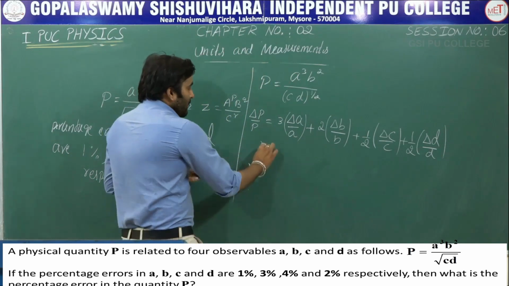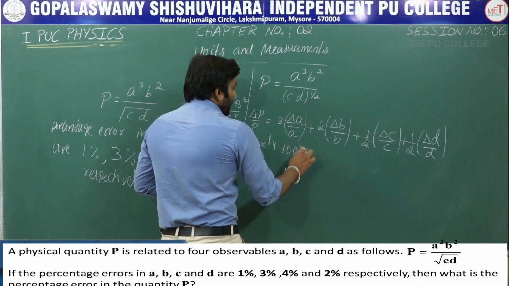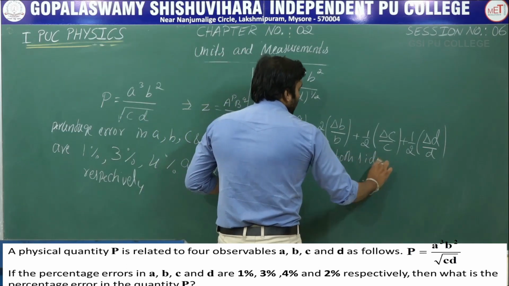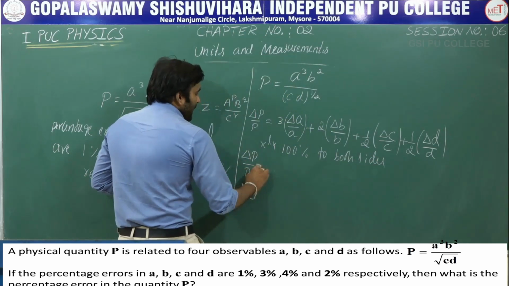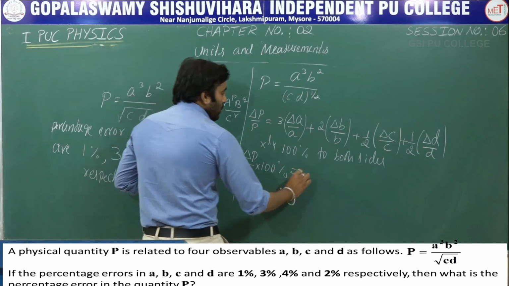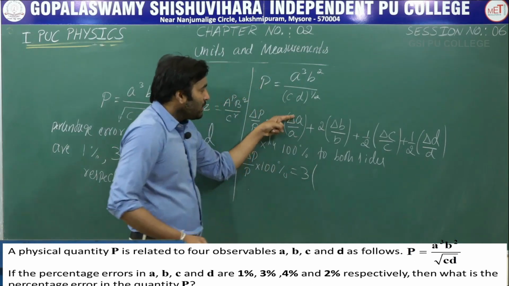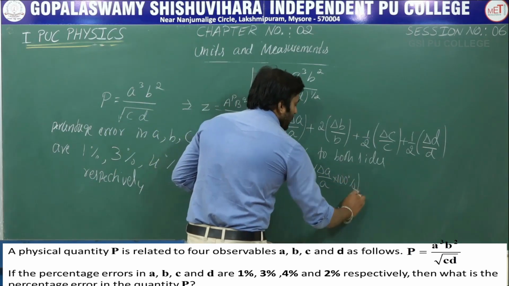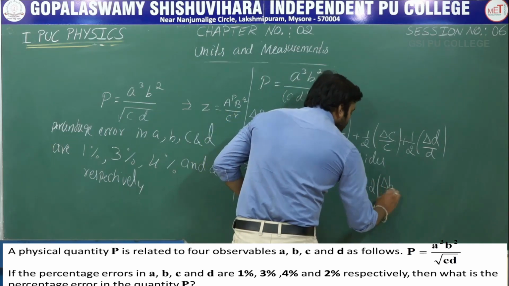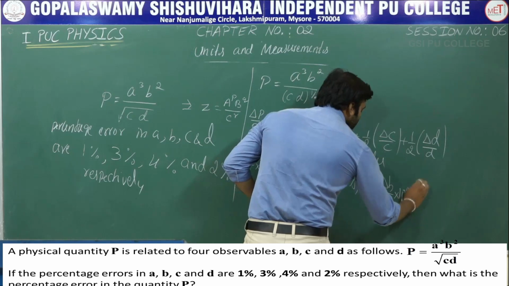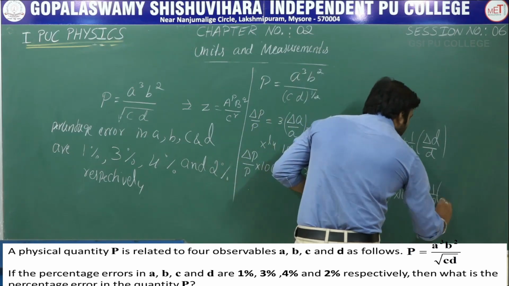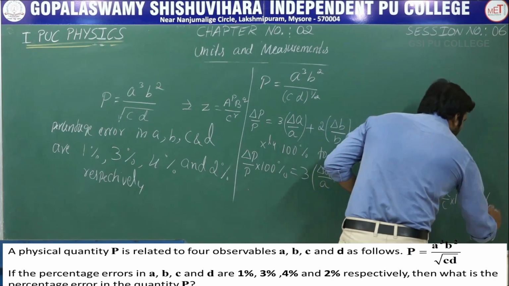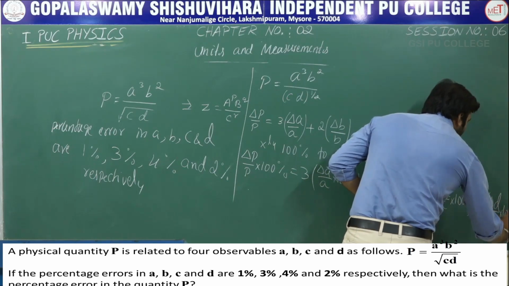Now multiply 100% to both sides to get the percentage error. Then delta P by P into 100% is equal to 3 into delta A by A into 100% plus 2 into delta B by B into 100% plus half into delta C by C into 100% plus half into delta D by D into 100%.